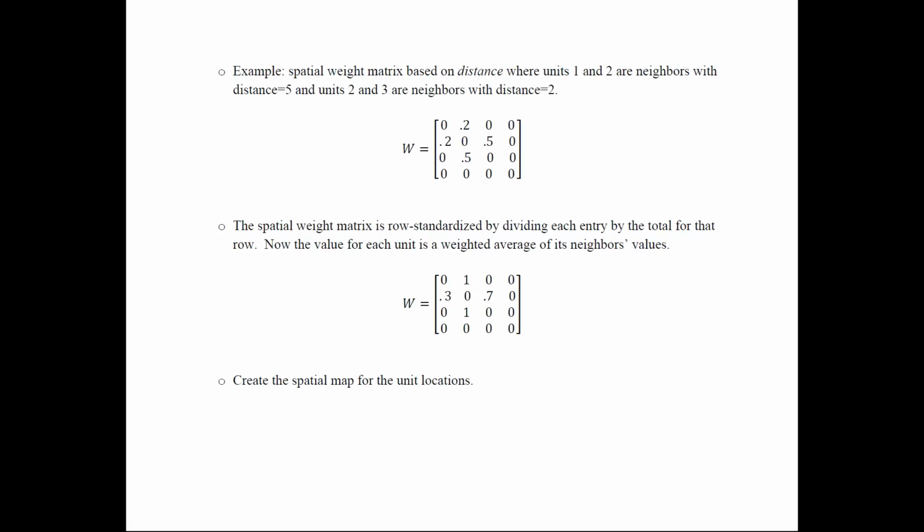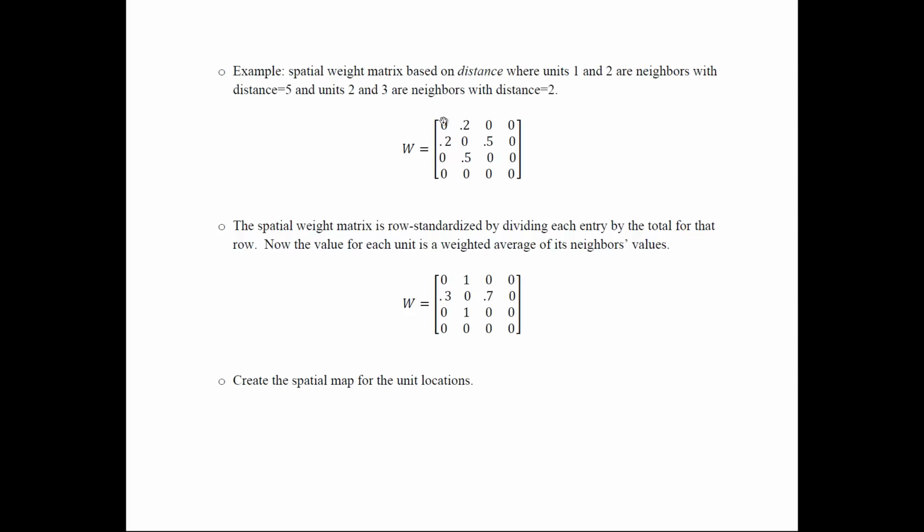Suppose that we have a spatial weight matrix based on distance, and I'm making these numbers up, where units 1 and 2 are neighbors with the distance equal to 5, and units 2 and 3 are neighbors with distance equal to 2. How would that spatial weight matrix look like? And here we have it. Units 1 and 2 are neighbors, and the distance is 5, therefore the value is 1 divided by 5, which is 0.2.